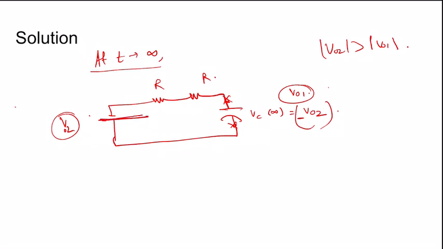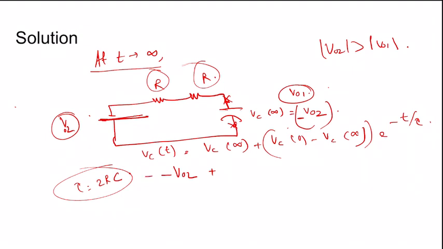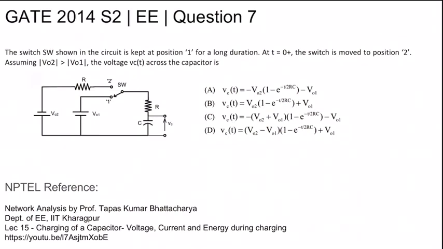So now the final voltage is minus V02, so applying the formula Vc infinity plus Vc0 minus Vc infinity times e to the power minus t by tau, where tau is 2RC, because this is R plus R, so 2R and C. Now this is equal to minus V02 plus V01 plus V02 times e to the power minus t by tau.